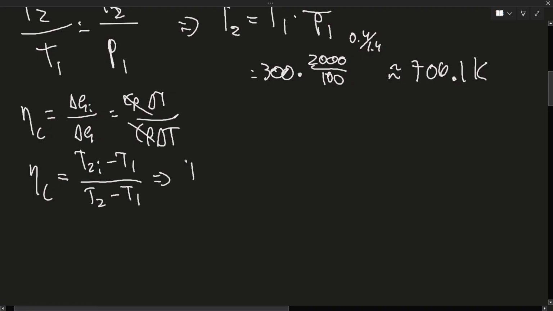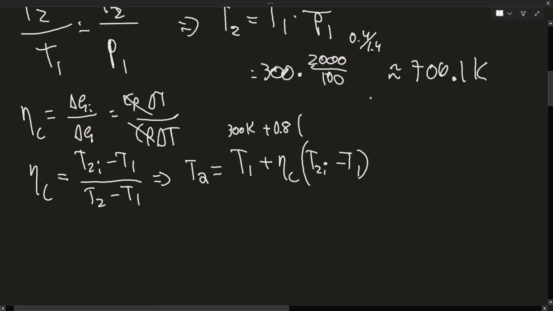So T2 is equal to T1 plus T2 ideal minus T1, divided by the compressor's efficiency. This is just basic algebra. Once you plug in all of the numbers, this is 300 Kelvin plus 706.1 minus 300, divided by 0.8. We get our actual T2, which is equal to about 807.6 Kelvin.